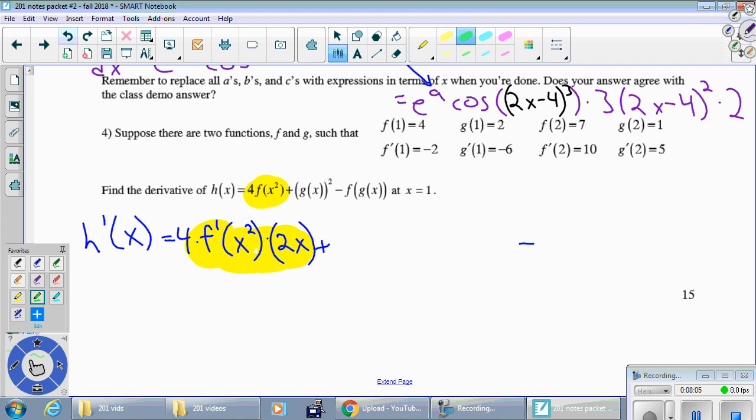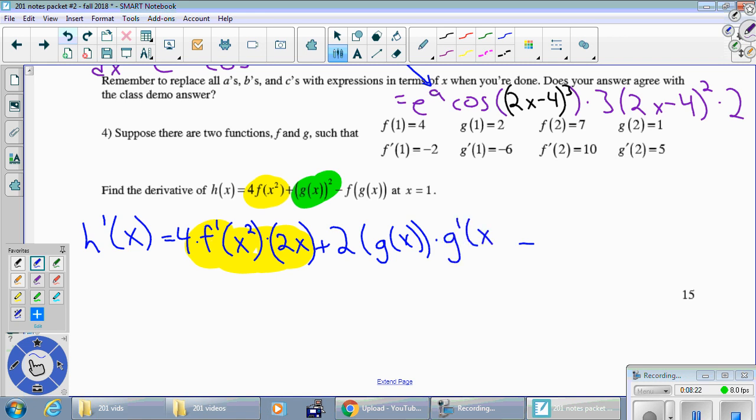Okay, so that's the first one. Let's move on. We'll highlight this one in green. g of x squared, that's some stuff to a power. That's easier for me. Bring the power down, copy this stuff one time, subtract 1 from the power. I won't put a 1 up there, times the derivative of the stuff. The derivative of the inner function is symbolized g prime of x. Minus, I've got one more highlighter, put it right there.